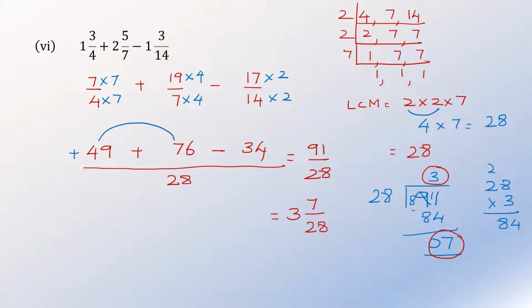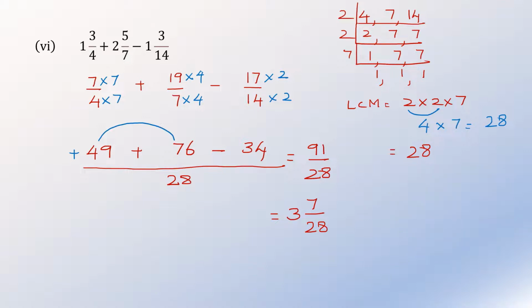If you look carefully, the fraction 7 by 28 can be reduced to the lowest term. So let's try that and see. Let me work that out here and show it to you how we can reduce 7 by 28 to the lowest term. So 7 by 28 are both divisible by 7 itself.